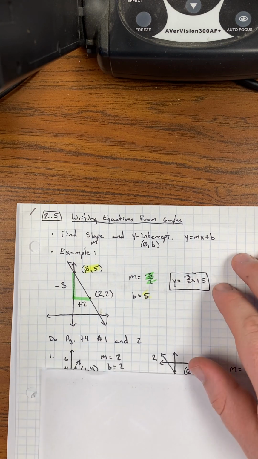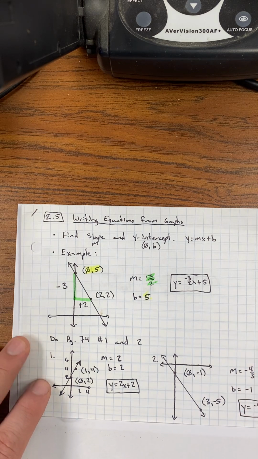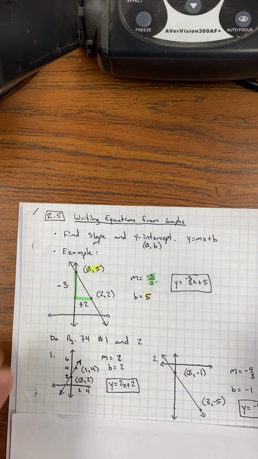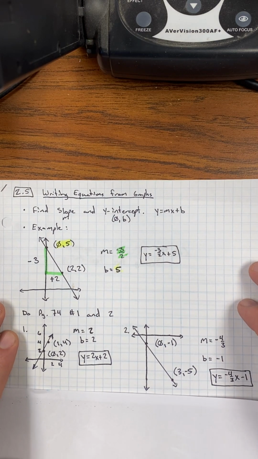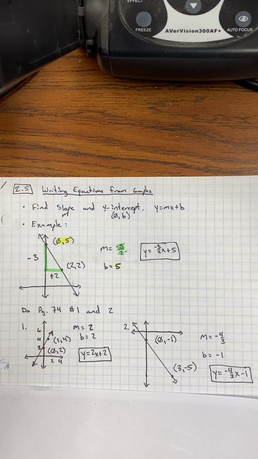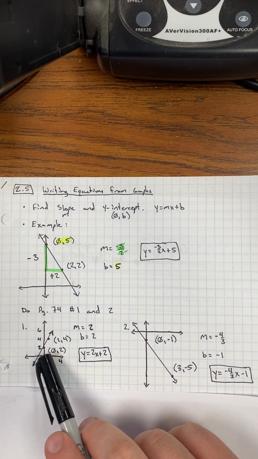All right, let's go ahead and do these. So looking at these problems, I went ahead and filled them in. I felt like I could just show you the answers on these so you can check and see if you're doing them correctly. So if you want to pause and look here, I'll quickly go over them in a second, but you can just check your work for a second. Okay, so I got the 2x plus 2 here from checking the slope.